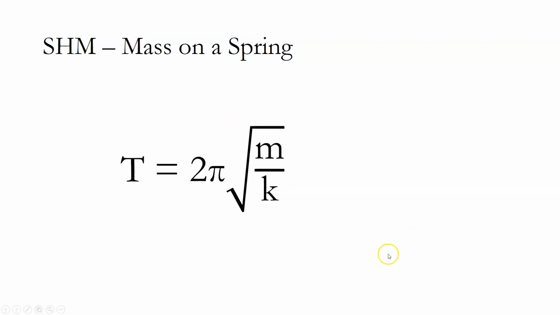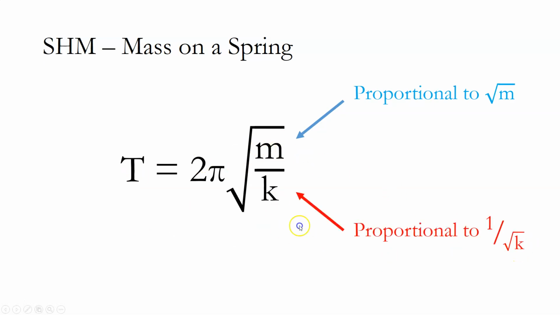And this shows everything we already discovered: up here in the numerator, the period would be proportional to square root m. Down there in the denominator, the period is proportional to 1 over the square root of k. And important to see what is missing from the equation. Amplitude is not in the equation. The two things that determine the period of a mass on a spring are the mass and the spring constant.